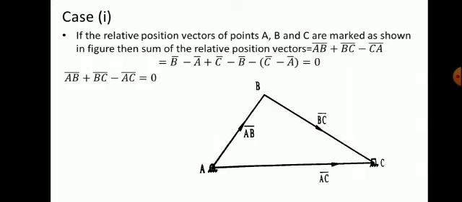Now you see the direction: A to B, B to C, and the vector C to A is in the opposite direction. Therefore, AC can be given by C minus A. For this diagram, the equation is AB plus BC minus AC. Otherwise, it may be plus CA, but it is minus AC.